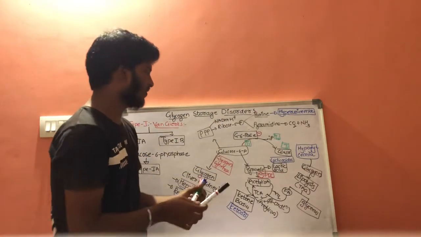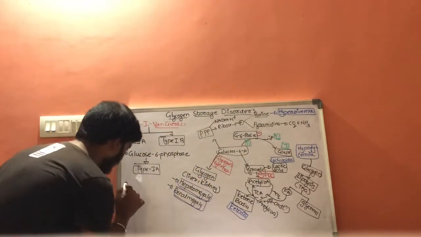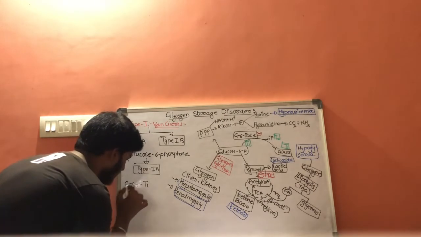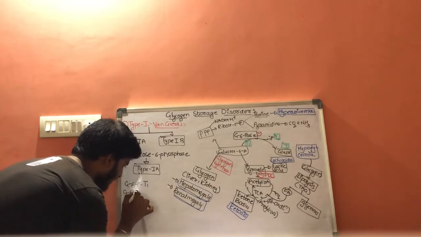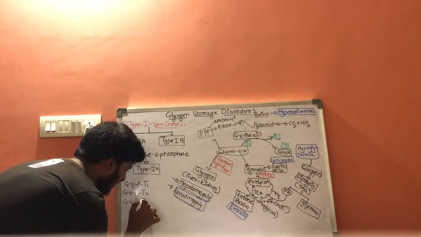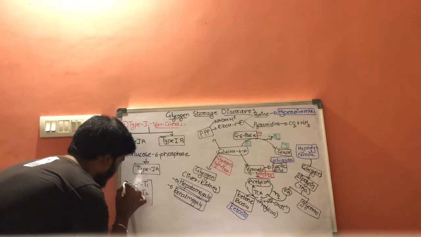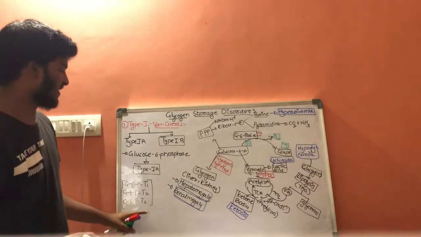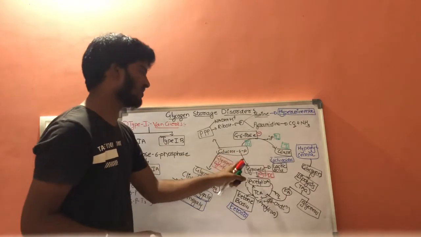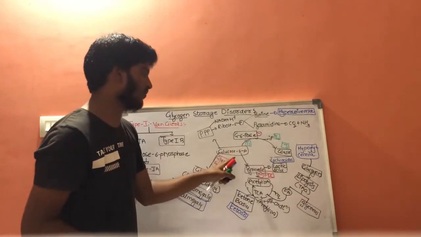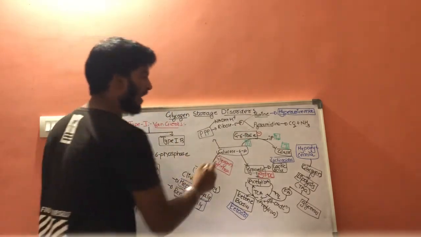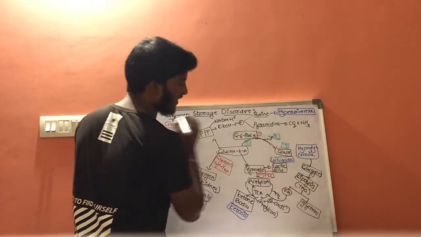These are called glucose 6-phosphate transporter 1, glucose 6-phosphate transporter 2, glucose 6-phosphate transporter 3. These are the 3 proteins which are responsible for production of glucose from glucose 6-phosphate and transport of glucose 6-phosphate from the cytoplasm to the endoplasmic reticulum, and again from the endoplasmic reticulum into the cytoplasm.